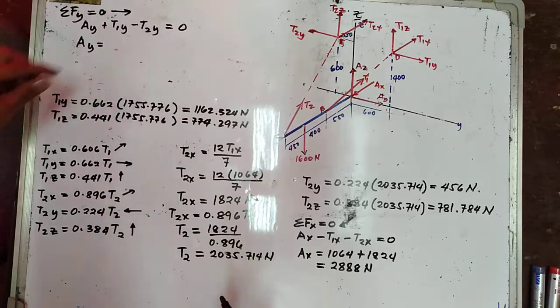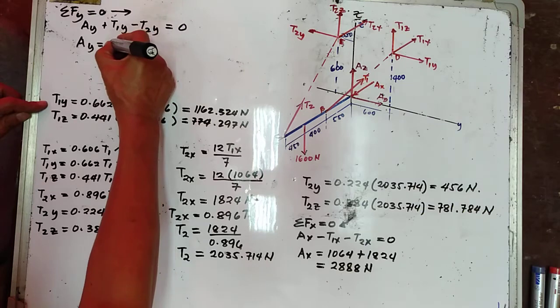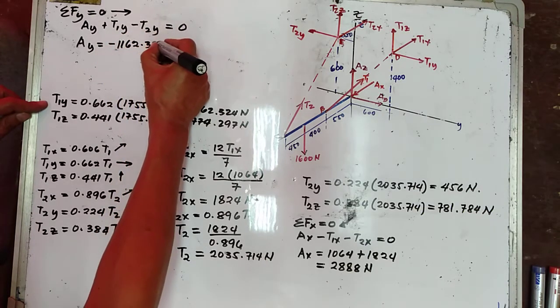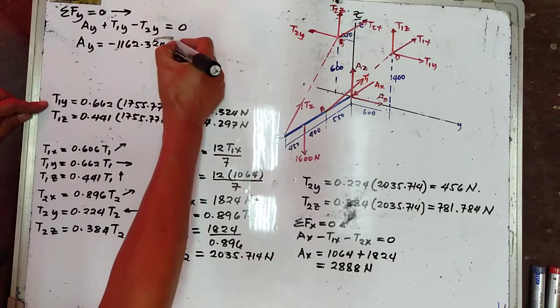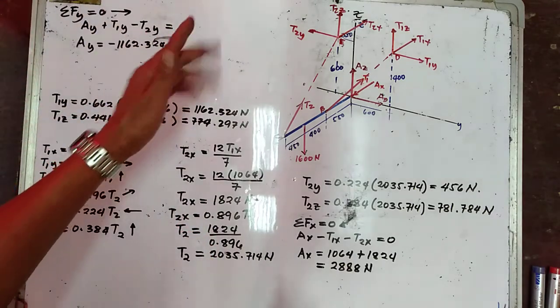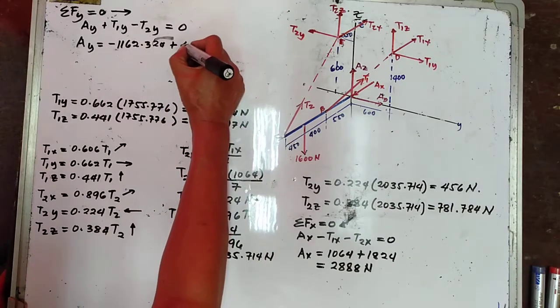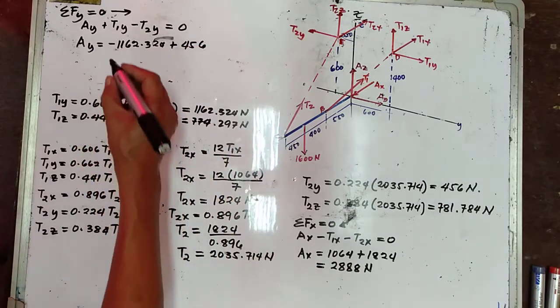So this will become negative. T1y is minus 1162.324 plus T2y, transpose that, where T2y is 456.